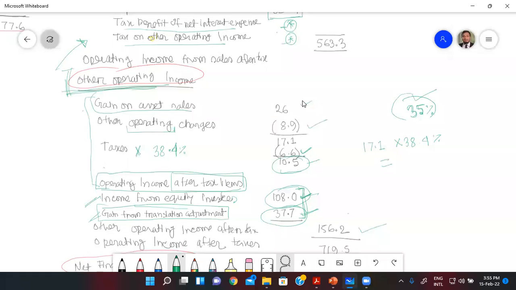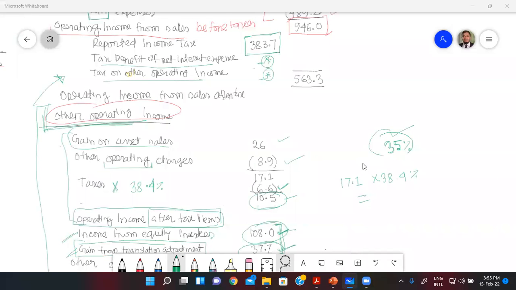You already have completed this part. Now the question is, out of this, which item should appear here? Which amount should appear here? The tax allocation issue, 6.6. Should it be minus or plus?